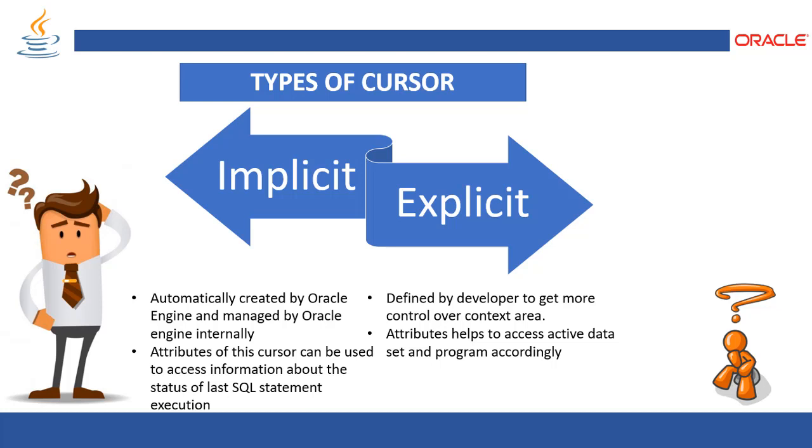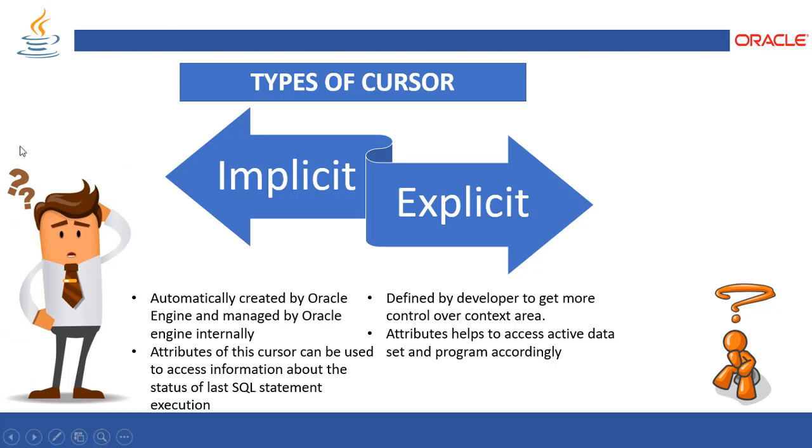Here you have to understand that a cursor is actually a pointer, where we point to our active data set and try to access the context area, which is private to the Oracle Engine for processing the data values.